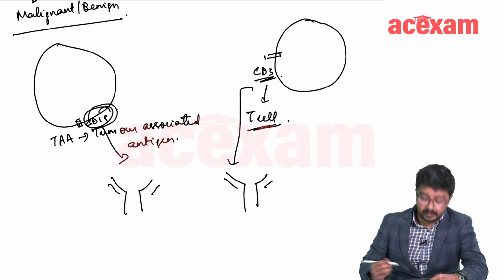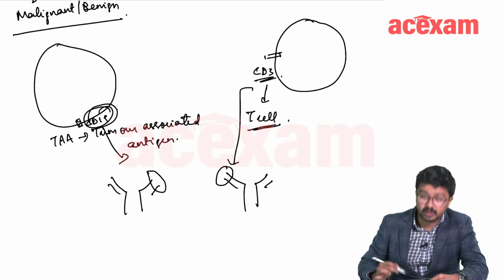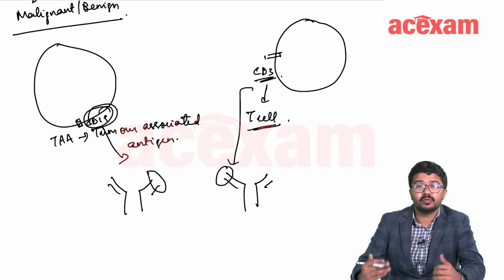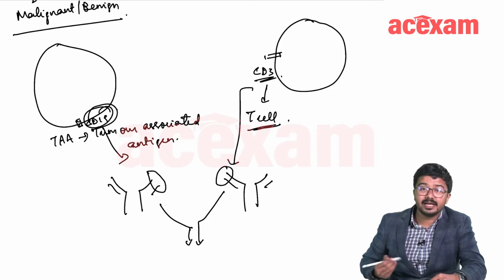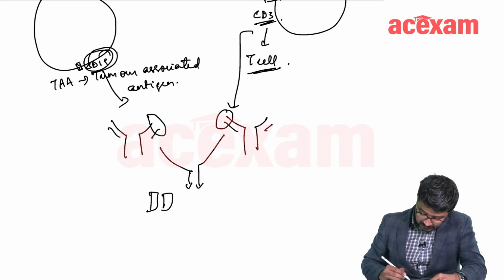Now what they did is, they took the variable region of both of these parts and then they linked it together with a linker. So they took this and made one protein with a linker.